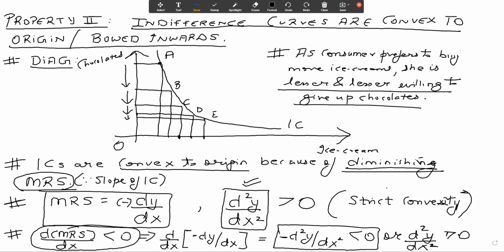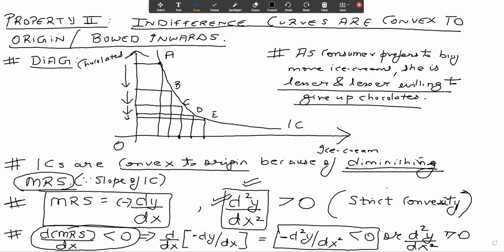MRS is minus dy by dx, so minus d square y by dx square is less than 0, which brings us back to the condition that d square y by dx square is greater than 0. I hope students have understood property 2 and have no doubts in this property.